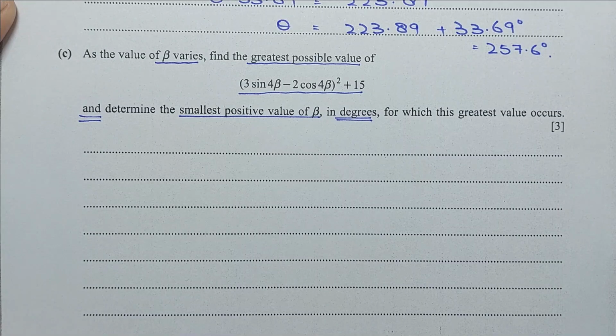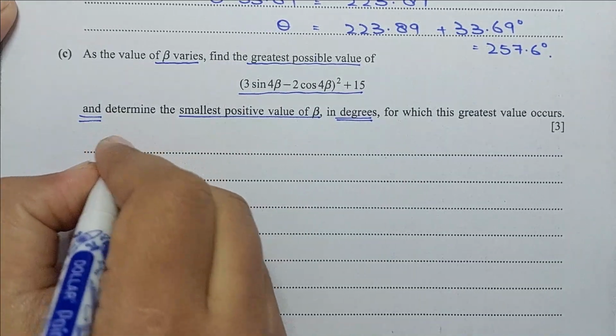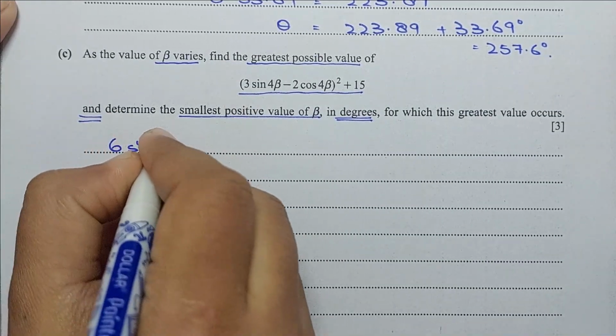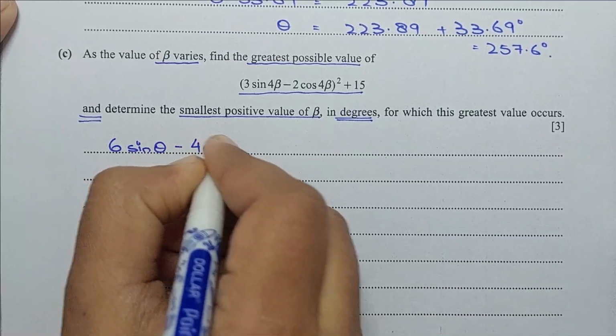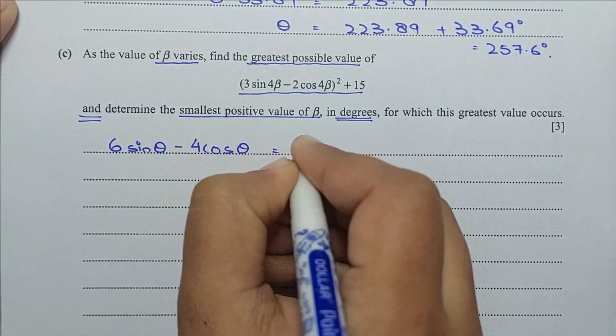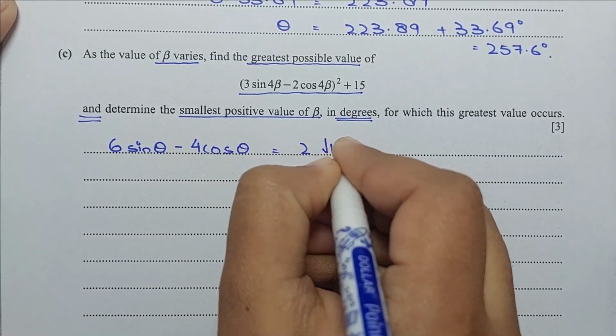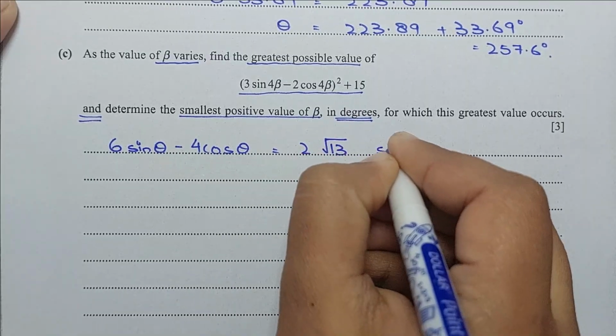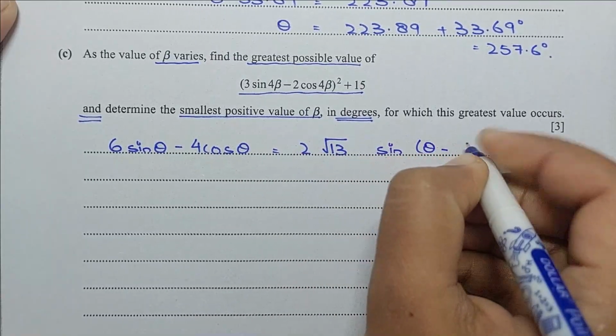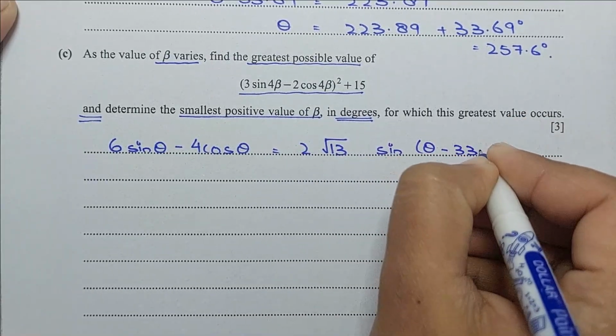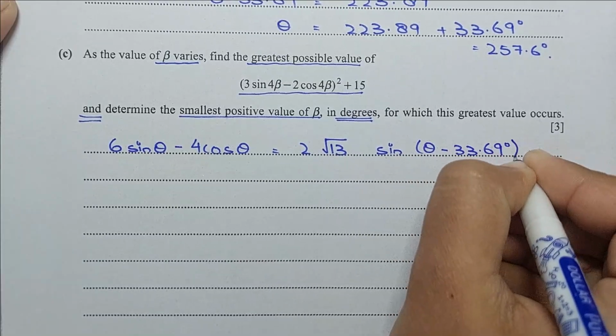As we know from part A, 6 sine theta minus 4 cos theta equals 2 root 13 sine of theta minus alpha, which is 33.69 degrees.